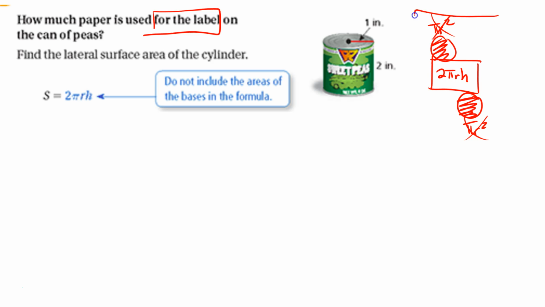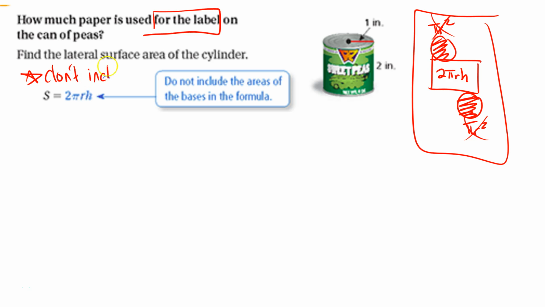Make sure that you either include this picture in your notes or that you say don't include bases, which is the 2 pi r squared. Okay, we only want to know going around the cylinder, only the part that you touch with your hand when you're holding it, not the top and bottom.